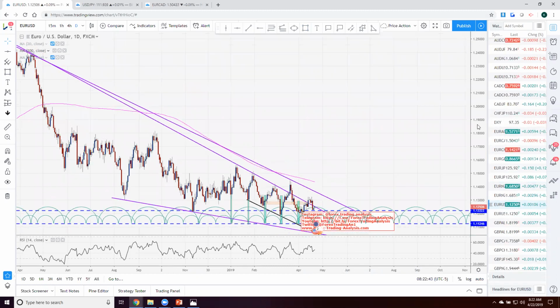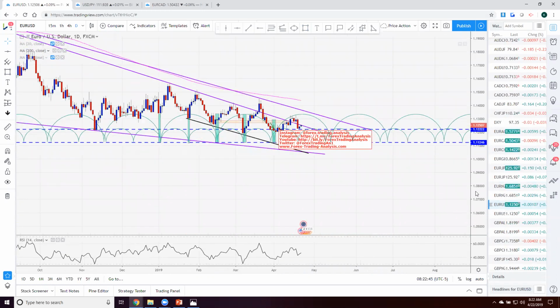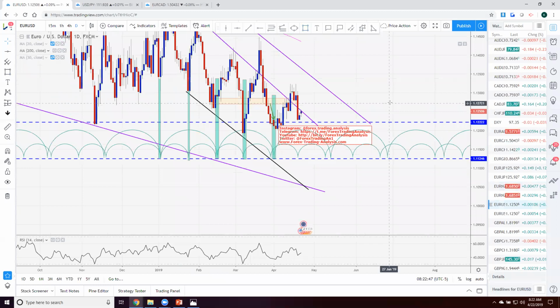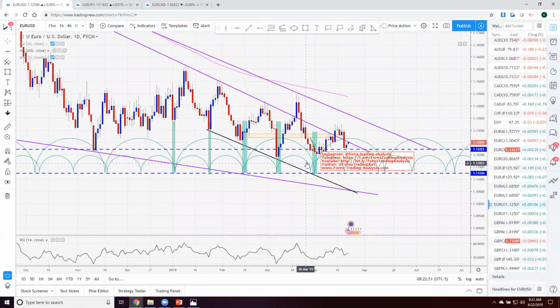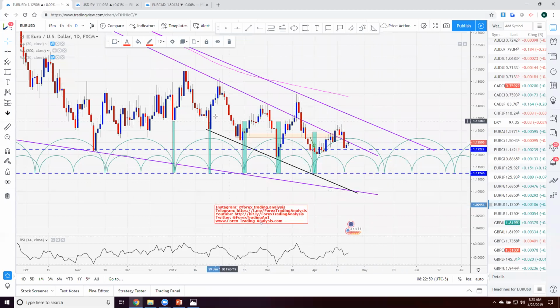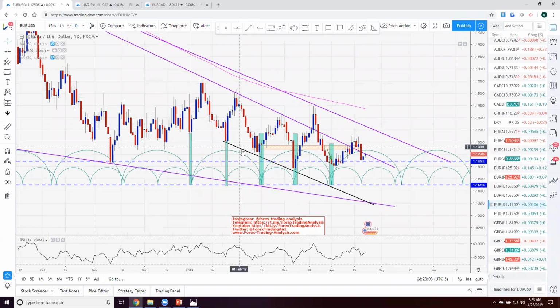Euro dollar. Looking at cycle bubbles here, as you can see. This was just kind of an explanation for members of how cycle patterns can indicate swings in the market, completion swings.